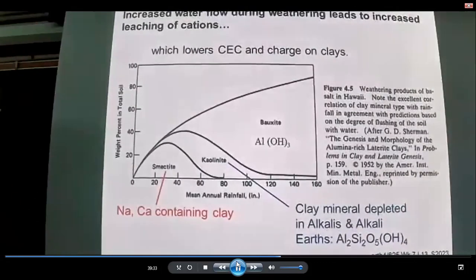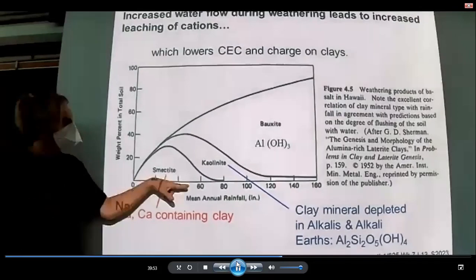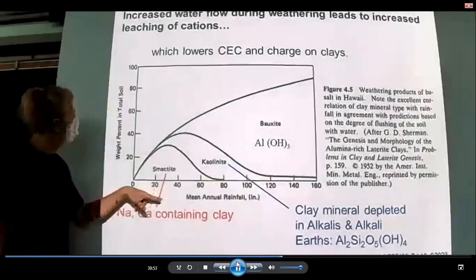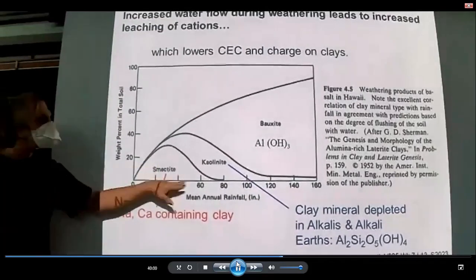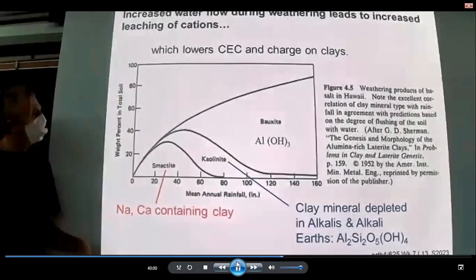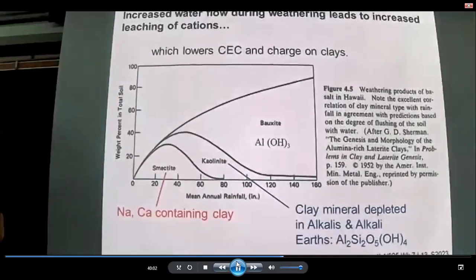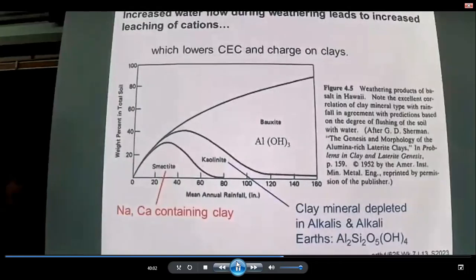Okay, so now this is a slide showing you on average, this is not meant to describe any one particular soil, but on average, if you look at the relative amount of rainfall in an area, and you look at the weight percent of different minerals within a soil, you will see that the percentage of the minerals increases as the amount of rain increases, and the total percent of alteration mineral increases as the soil increases.